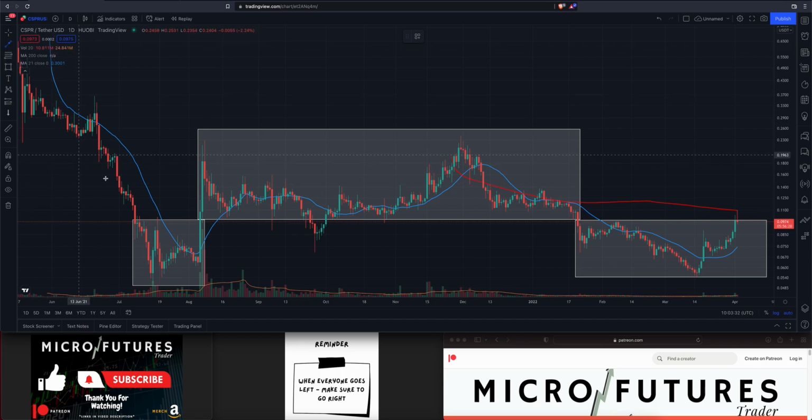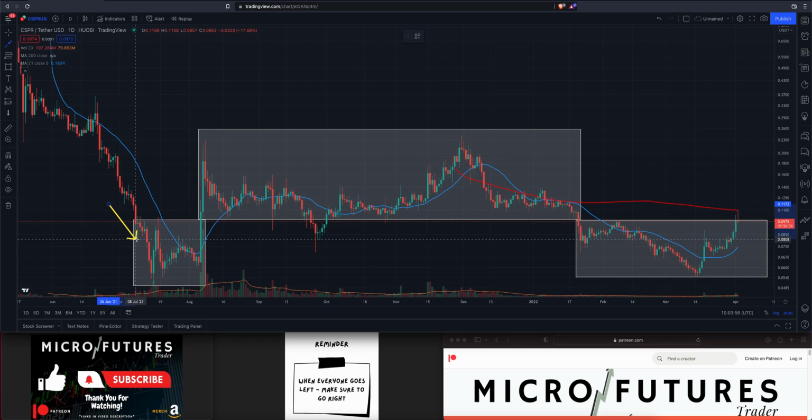Inside these boxes is basically a trading range over time and a basing structure. The price will get stuck in these ranges for whatever the time may be. Obviously, you can see there are longer time frame boxes and shorter time frame boxes.